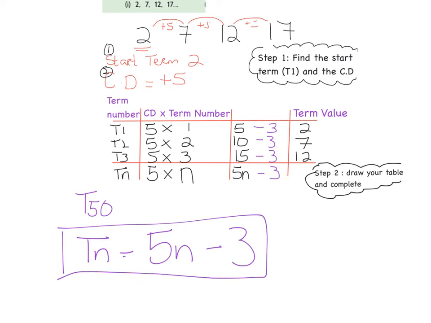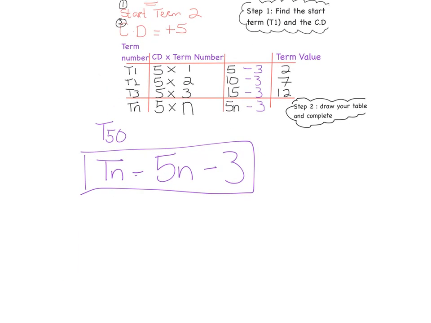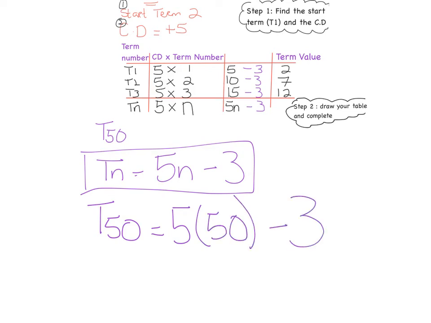If I am looking for term 50, I am now going to write, well, term 50 must be equal to 5 times 50 minus 3. Remember, n stood for whatever term I was looking for. So the question here is asking me to find term 50, so now instead of writing n, I'll write 50.